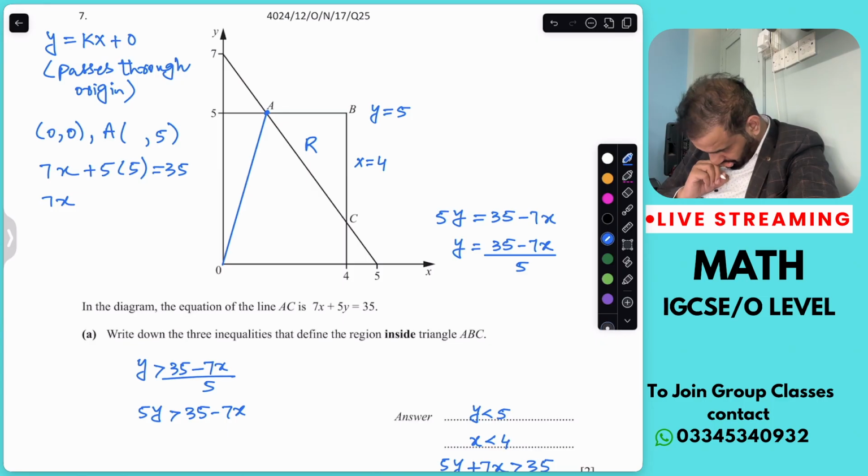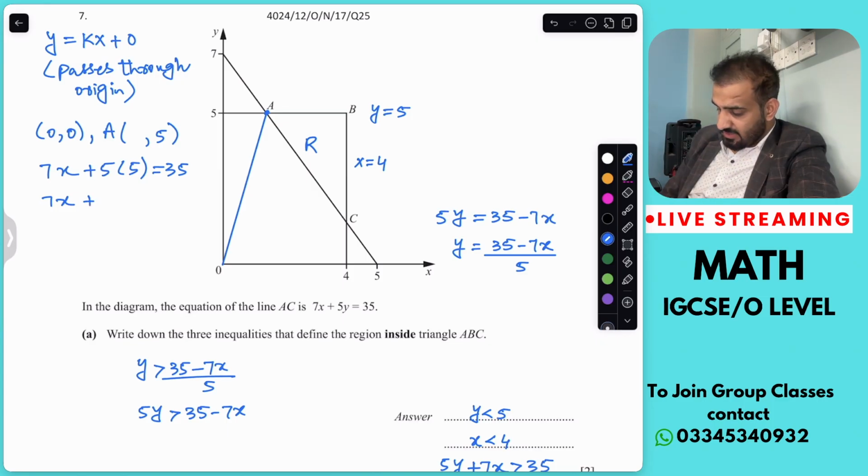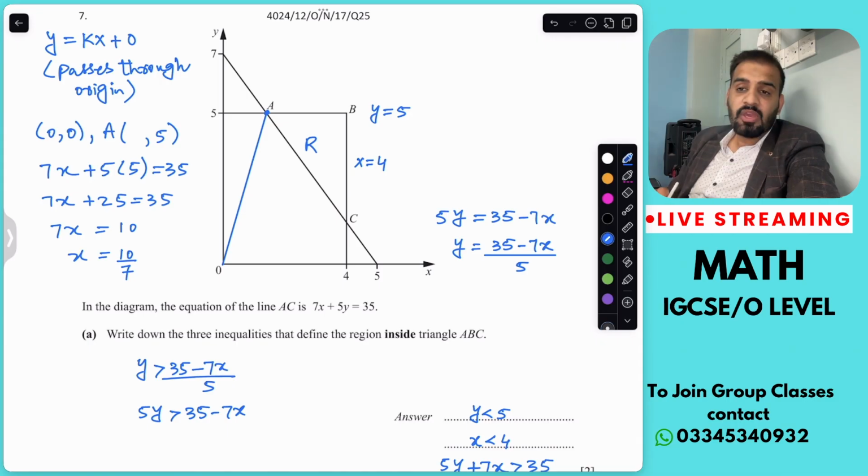So 7x plus 25 is equal to 35. So 7x is equal to 10. So x is going to be 10 over 7, which is 1 point something. So it means the coordinates of A are (10 over 7, 5).